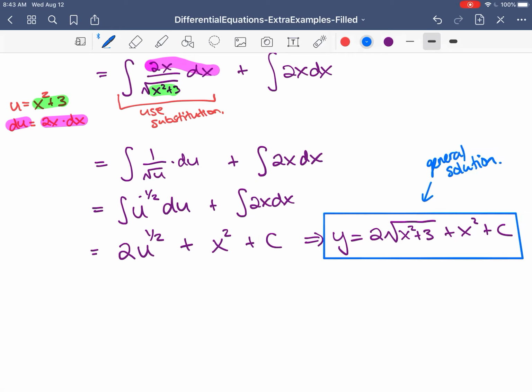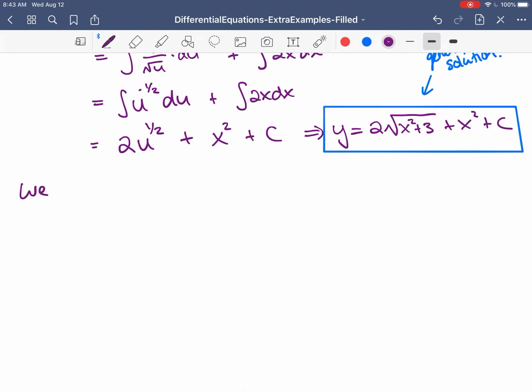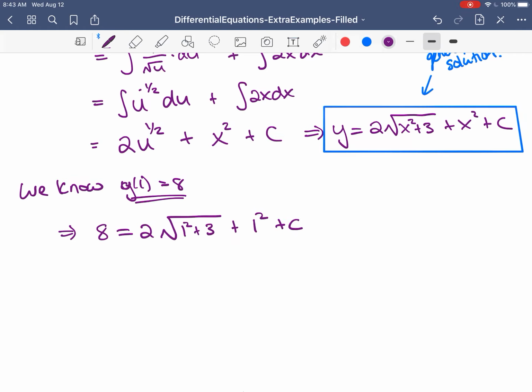Now what I want to do is find the particular solution. We know that y of 1 is equal to 8. So that means that 8 should equal 2 times the square root of 1 squared plus 3 plus 1 squared plus c.